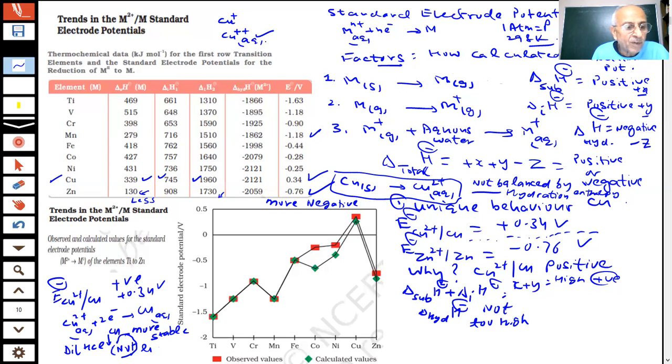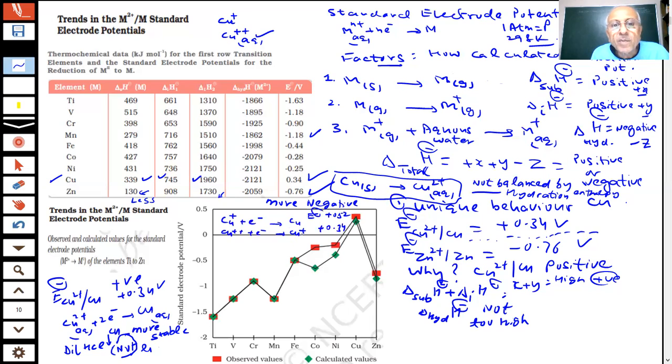So if we have the values for copper plus 1 and copper 2 plus, for example, copper plus 1 to copper, this E naught is plus 0.52. And copper 2 plus to copper plus 1, this value is 0.34.